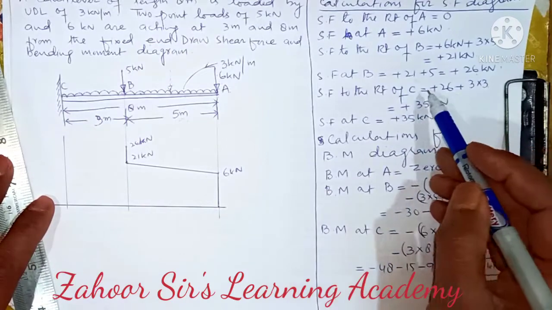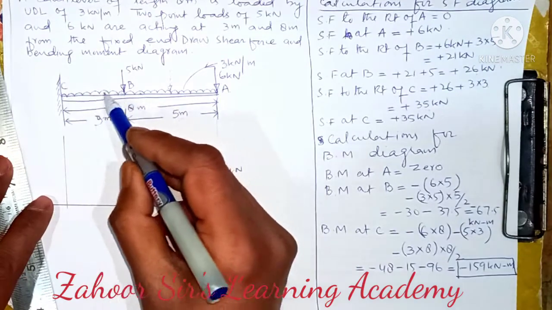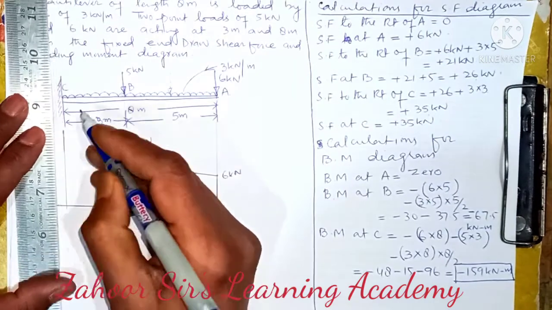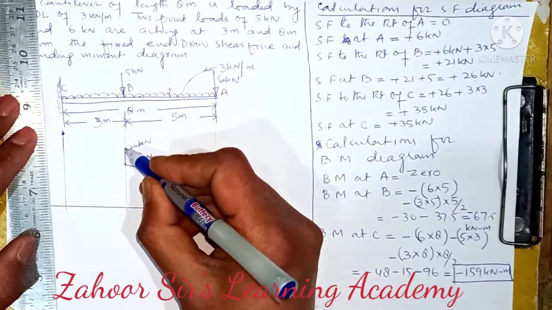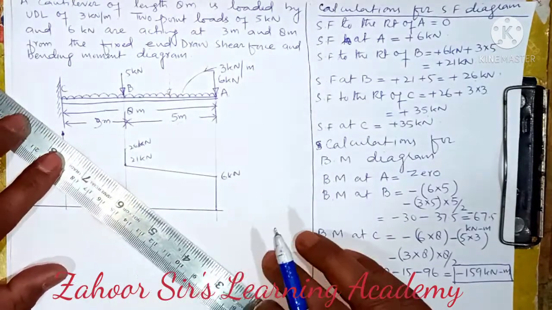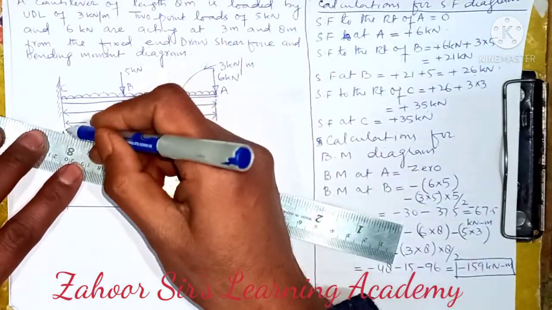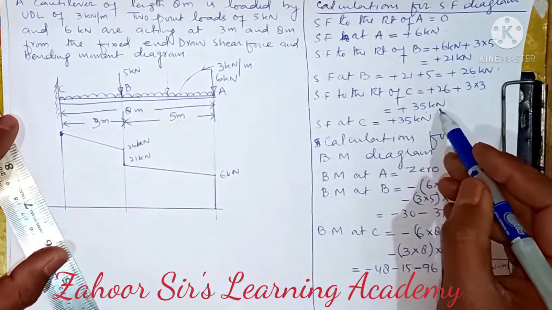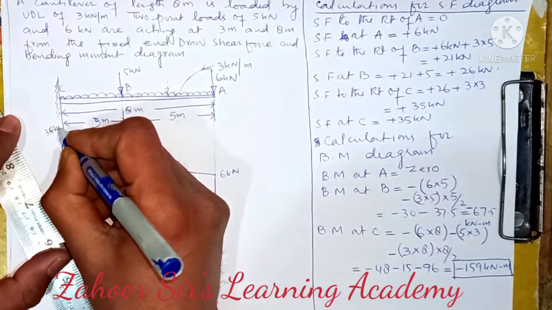Then to the right of C, it was 35. Again, this is the UDL. So it is somewhere here, 35. So these 2 points need to be connected with an inclined line because the load is UDL. So I will connect these 2 points with an inclined line. Then this end, because there is no load, the maximum was 35 kilonewton.